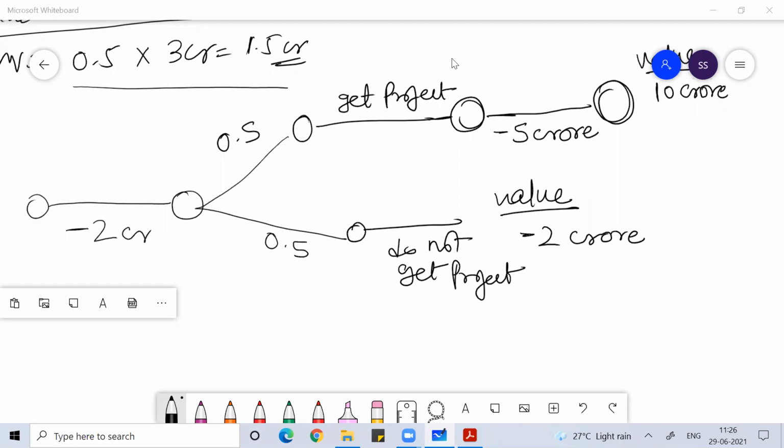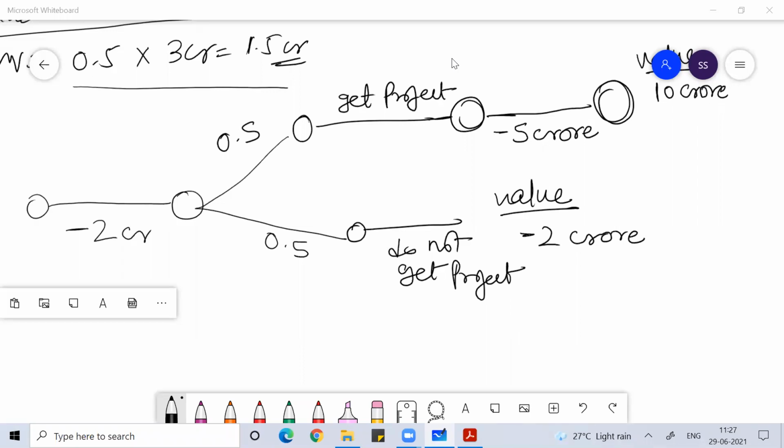You may get the contract, you may not, but you need to participate in the bidding. When you participate in the bidding, the cost of that is 2 crore rupees. Participating doesn't mean you will get the contract. I hope you understand.